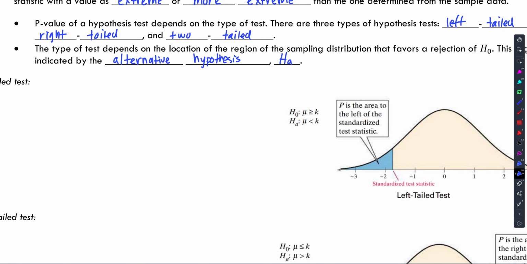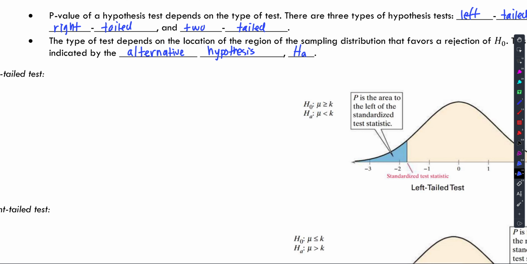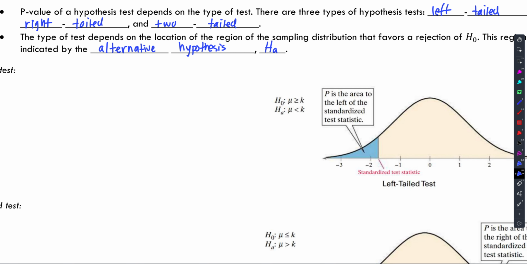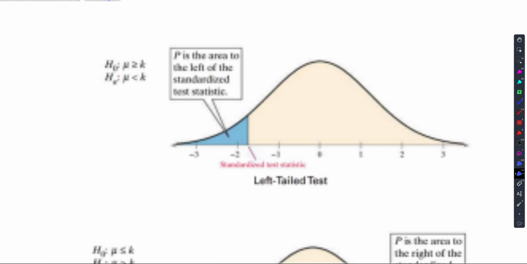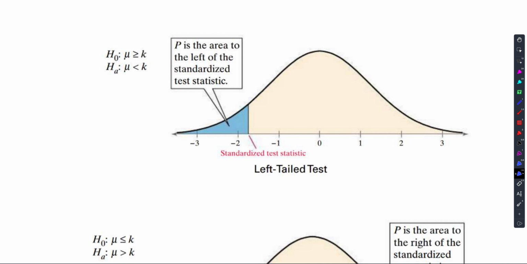So for a left-tailed test, notice over here, the tail is where? To the left. Your p-value is the area inside of that tail, which is the area to the left of the standardized test statistic.